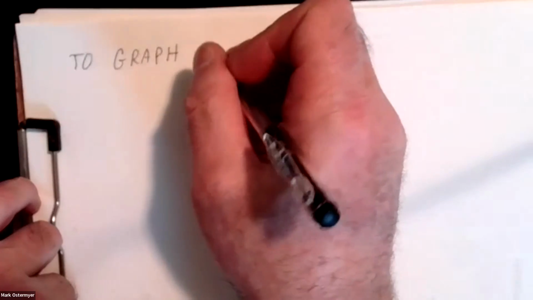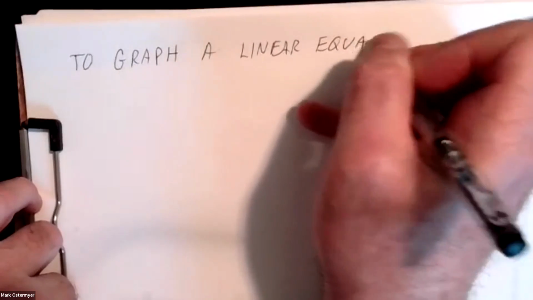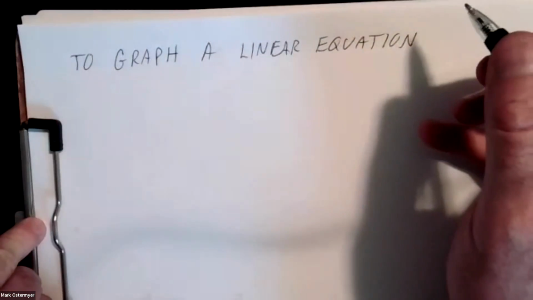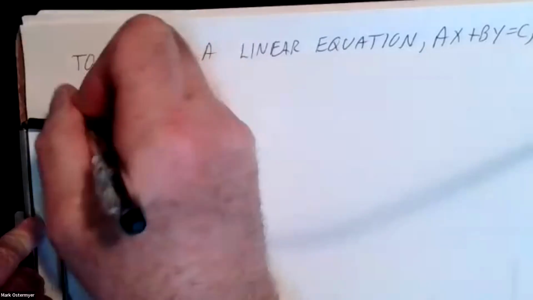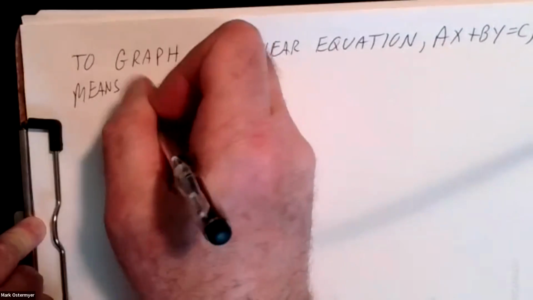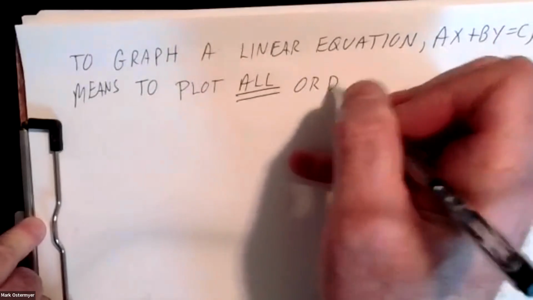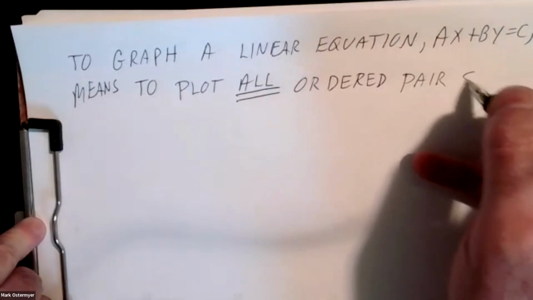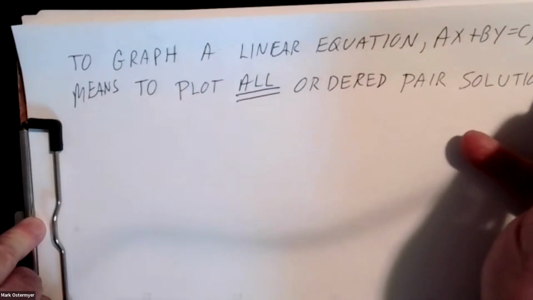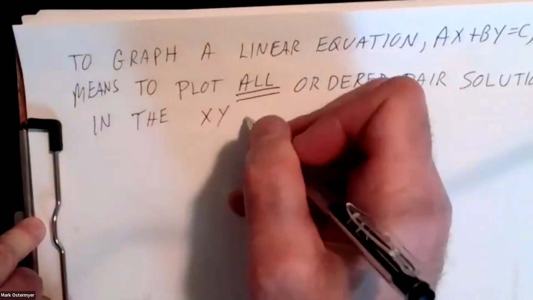To graph a linear equation, and a linear equation in general looks like this, means to plot all ordered pair solutions in the XY plane.